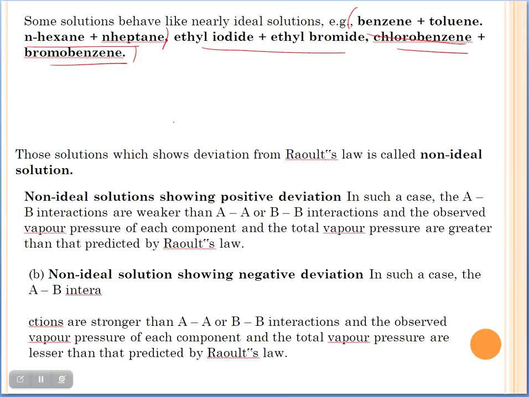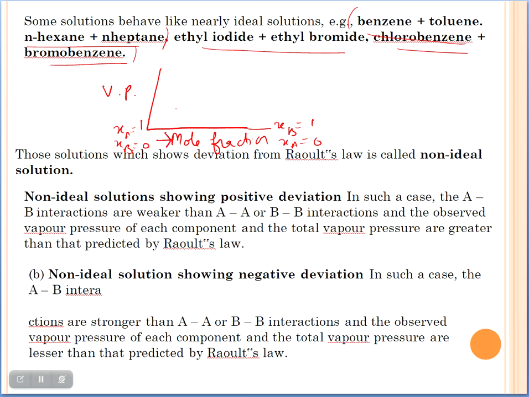Okay, so let me give you the graph of Raoult's law. Here we will take the mole fraction, and here we will take the vapor pressure. Here Xa is equal to 1, Xb is equal to 0. Here Xb is equal to 1 and Xa is equal to 0.